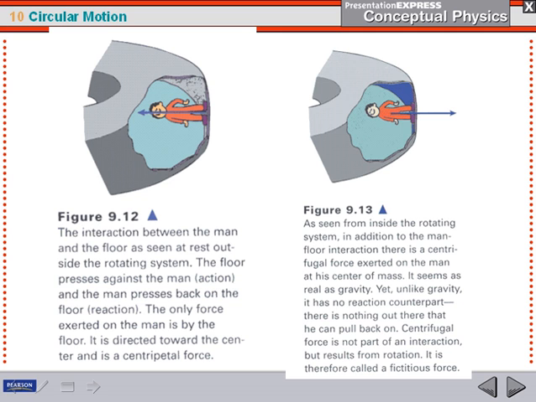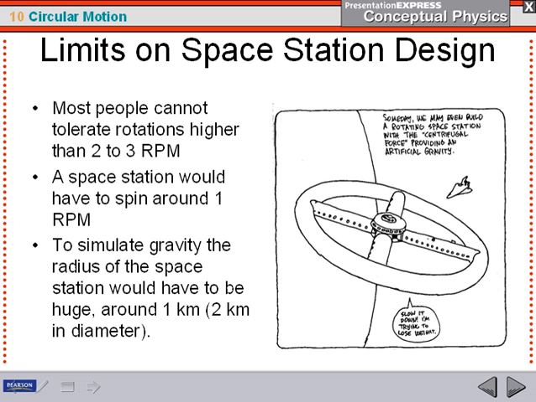So the only force directed on the man is actually a force towards the center of the circle. Whereas if you're inside the rotating system and you're the man, it would actually feel like you're being pulled away from the center of rotation. And that's the fictitious centrifugal force effect.